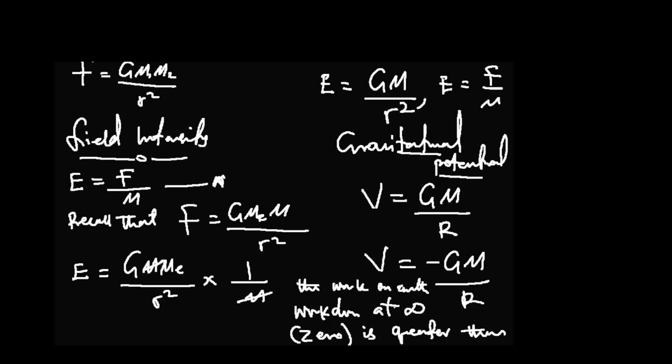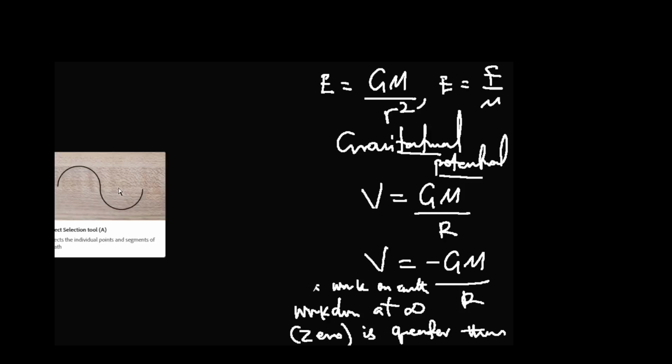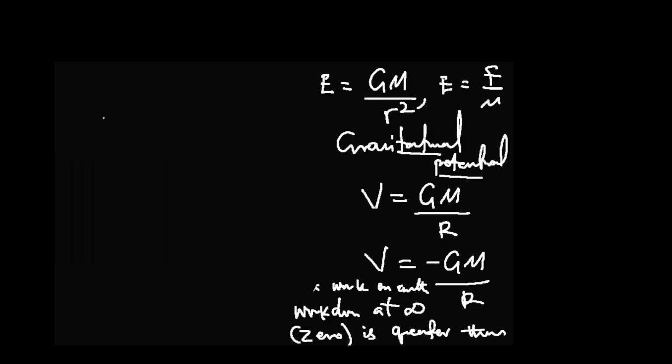Okay? So the next one that we need to understand here is the kinetic energy. When you talk about the kinetic energy, we are talking about the work done in taking a unit mass from the Earth to infinity. Are we there? The work done in taking a unit mass from the Earth to infinity.